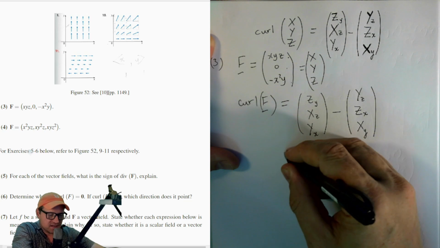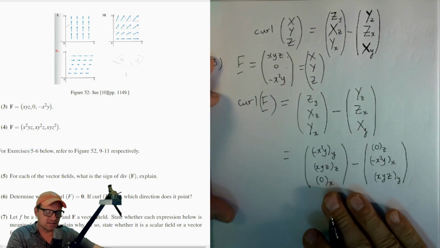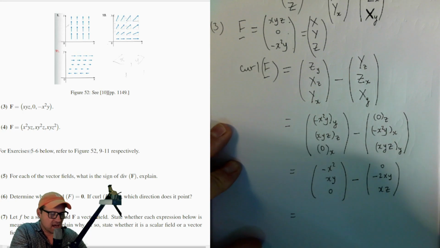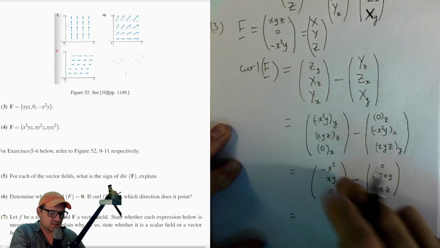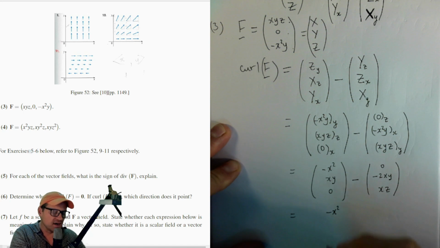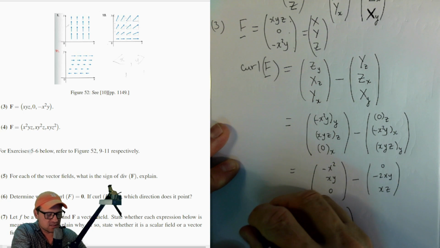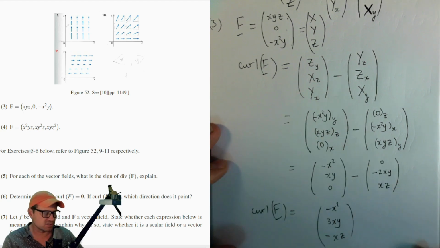So let's sub these in, and now we can simplify this. Now subtracting, we have minus x squared, then we have xy plus 2xy gives us 3xy, and then minus xz. And so this is the curl of F in question 3.